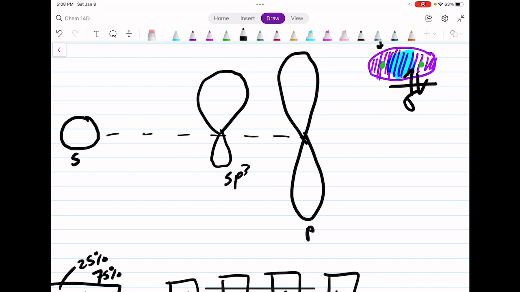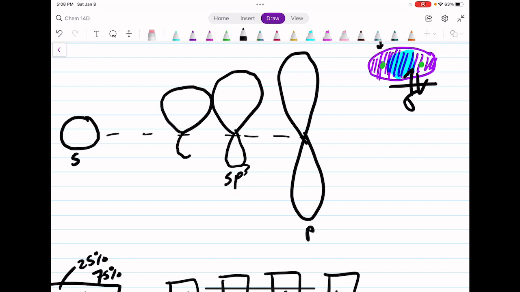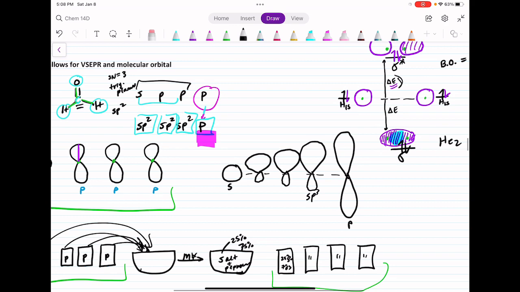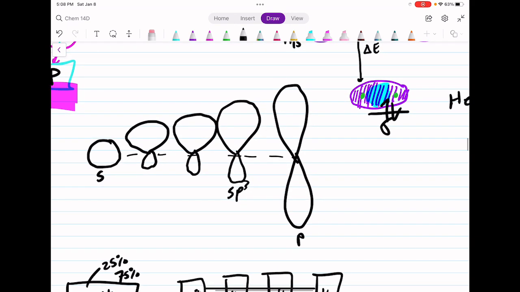Then I'm going to go down to sp2. It's going to get even rounder. Sp2 is going to look even rounder. And then even more here. So something like that. I'm not a great artist, but this is my best depiction of how these look.